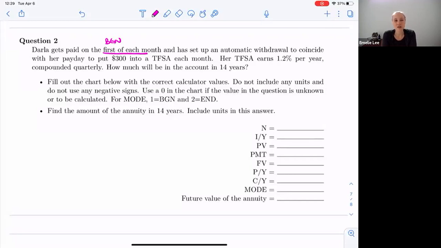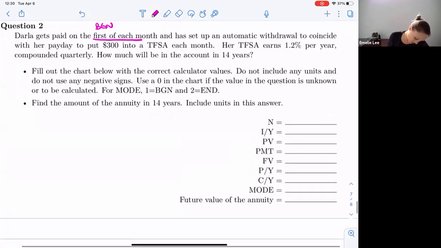Her TFSA earns 1.2% per year compounded quarterly. How much will be in the account in 14 years? So find the amount of the annuity in 14 years. That is a future value.